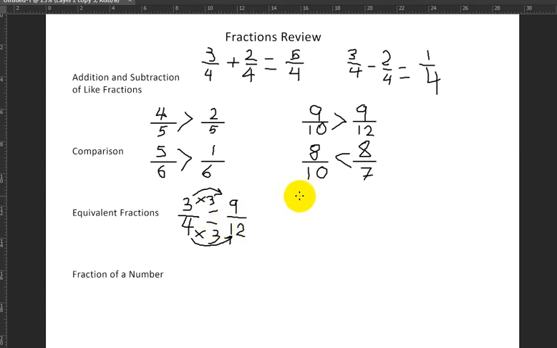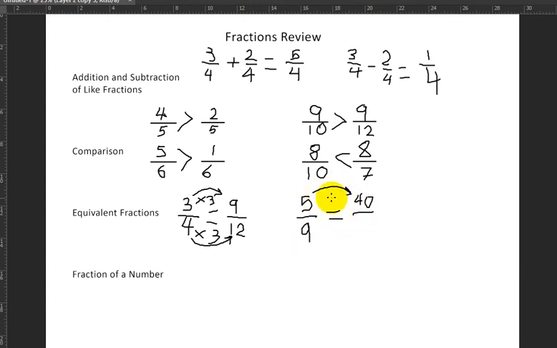So let's say, for example, that we have 5/9, and we're being asked, what's the equivalent fraction to 5/9 with a numerator of, let's say, 40? Now what we need to do here is figure out, I multiplied this 5 with something, and it became 40.